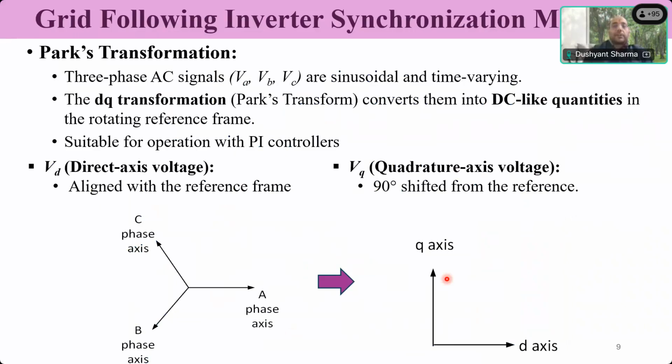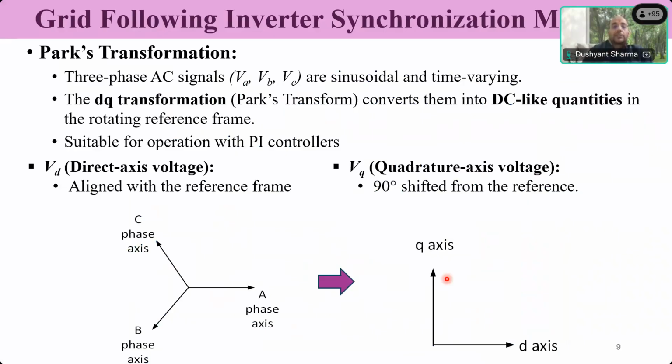We can do any kind of manipulation. For example, let's say our RMS voltage is 230 volts. We say, no, I am not looking at the RMS, I am looking at 2 into RMS, 230 into 2. Again, just a mathematical number. The system will not change. If I control RMS to 230 volts, it will work. If I control 2 into RMS at 460 volts, again everything will work the same way.